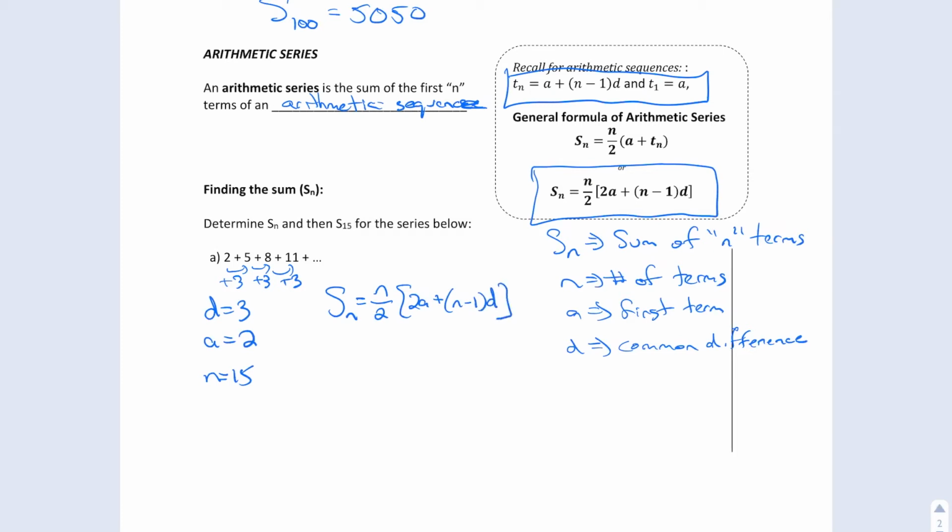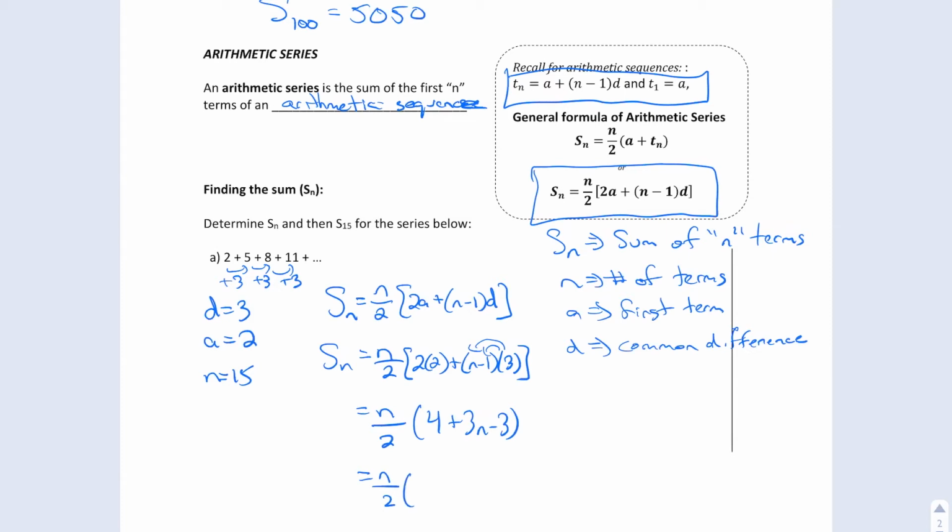So S sub n, I'm going to write it out again. That's the formula we put in a box. If I wanted to sub these things in, not the n yet, but the a and the d, I get 2 times 2, n minus 1, and then d is 3.